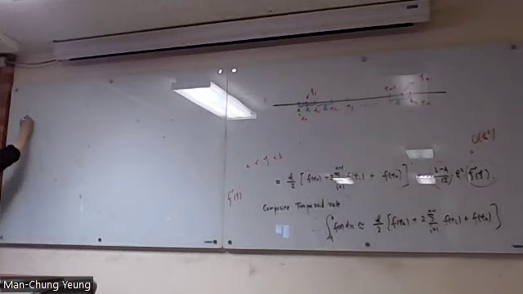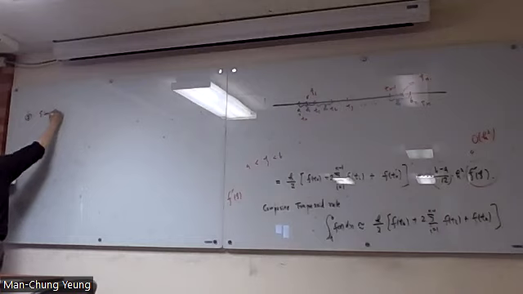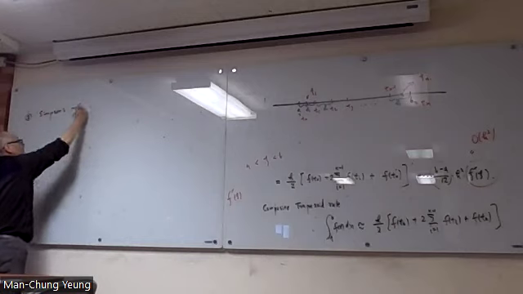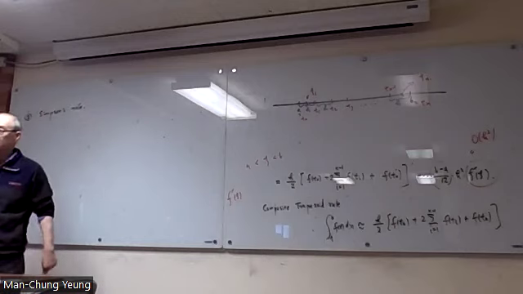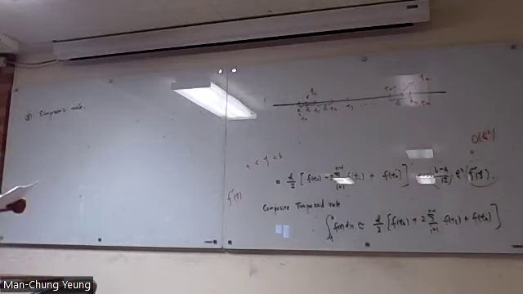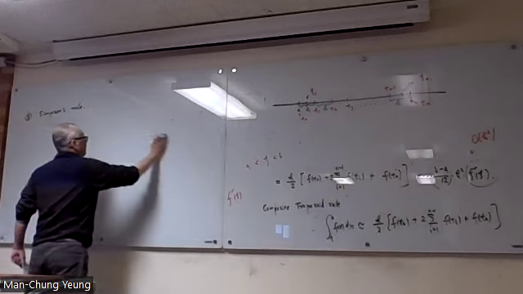Second special case, number 2. It is called Simpson's rule. Usually we use Simpson's rule. Good enough.